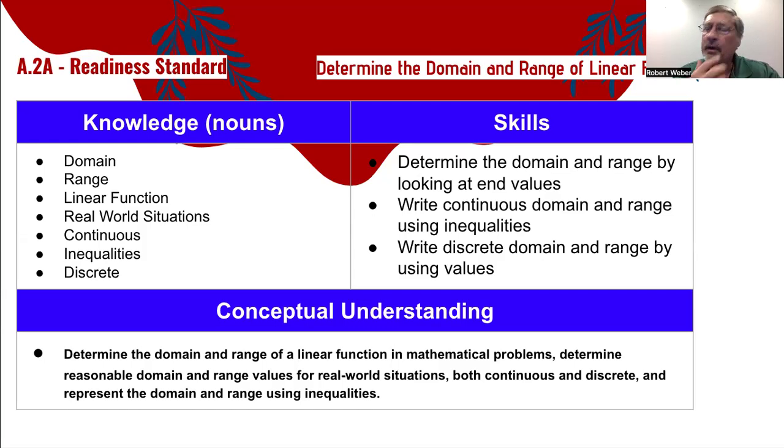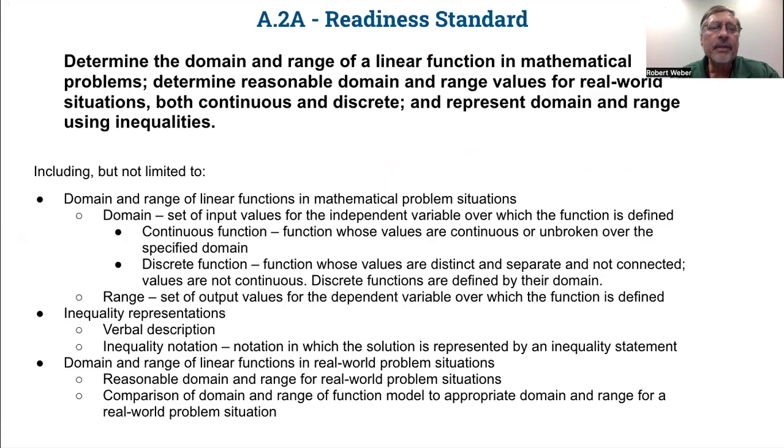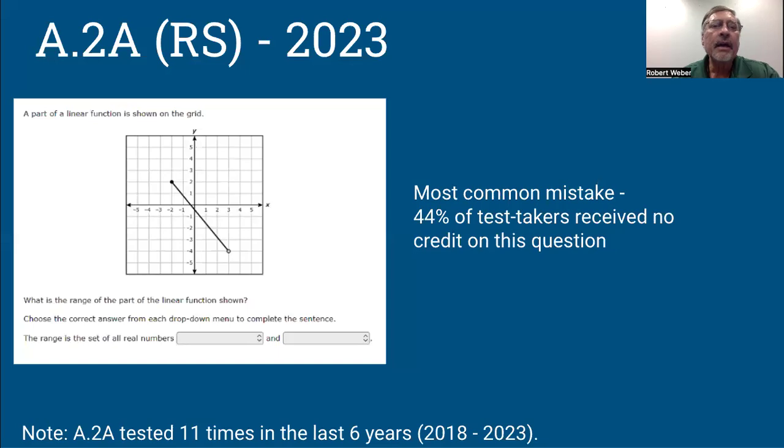The skills for students will be to look at n values and determine the domain and range, or to look at a set of values, depending upon if you're continuous or discrete, being able to write the continuous domain and range using inequalities, and the discrete domain and range by using values or sometimes set notation.